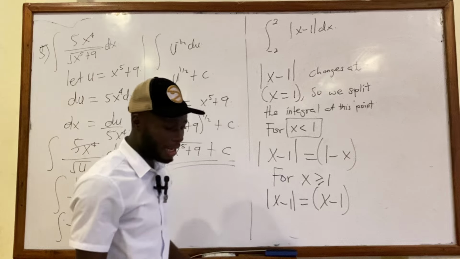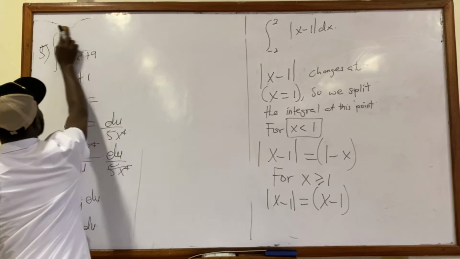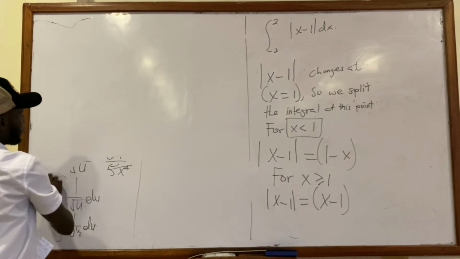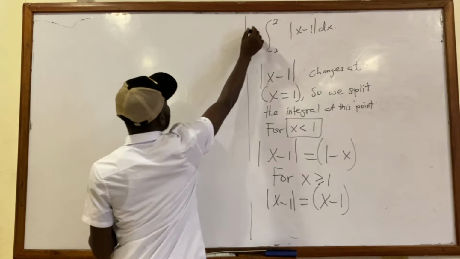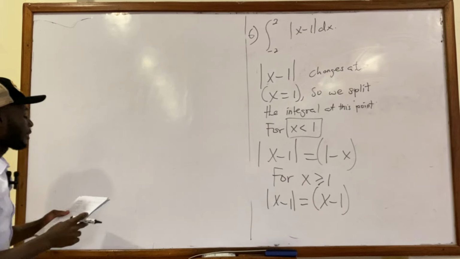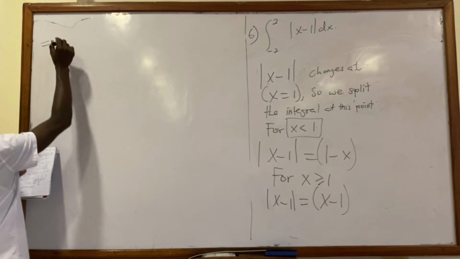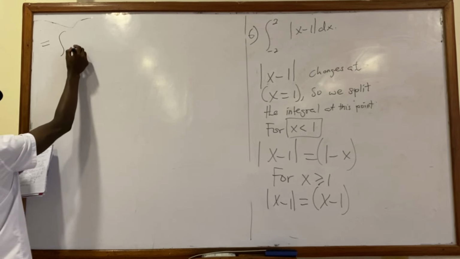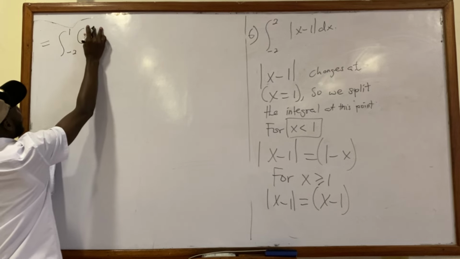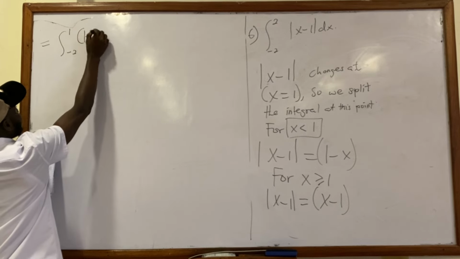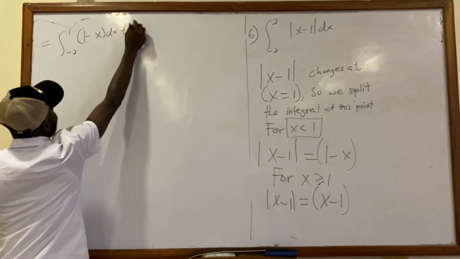All right. So now this split can be written as the integral of 1 minus x dx plus the other integral.